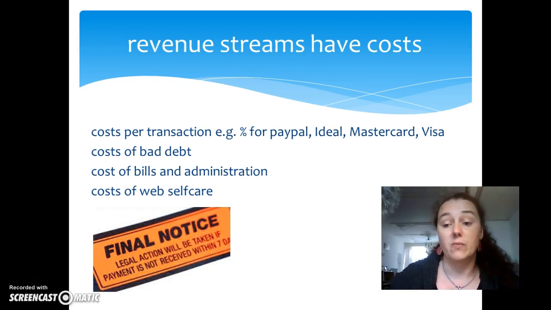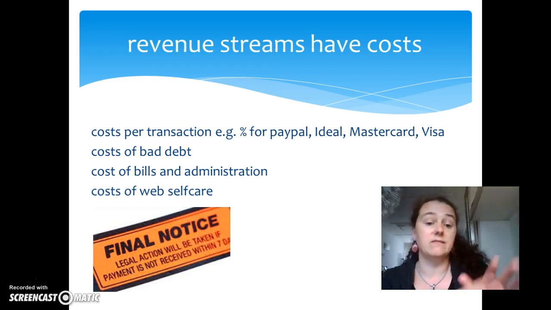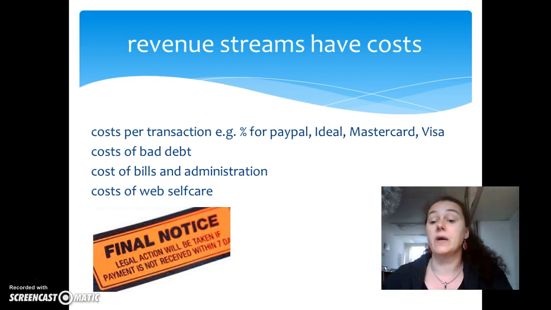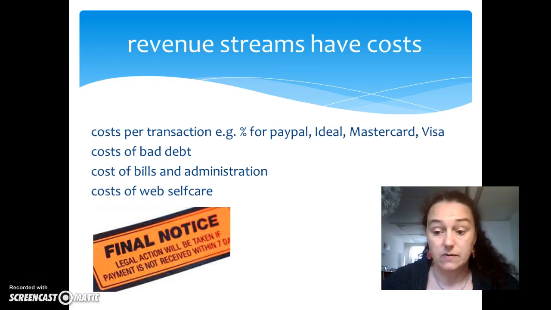If you sell your product via salespeople, then the salespeople and the administration of that has costs. If you sell via a web shop, keeping up the web shop and automated payment services, etc., those are the costs associated with it. So each type of revenue stream, mostly related to channels, has different types of costs involved.